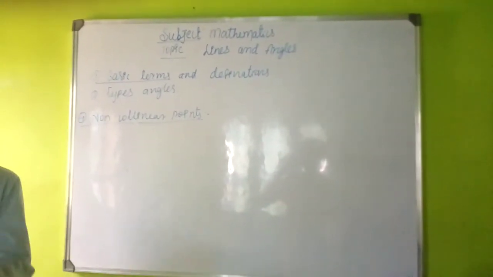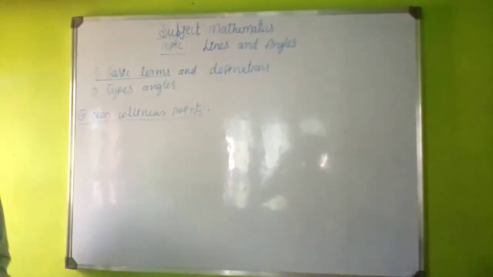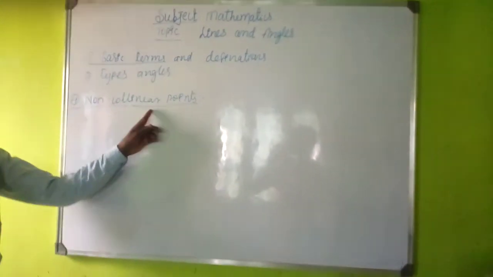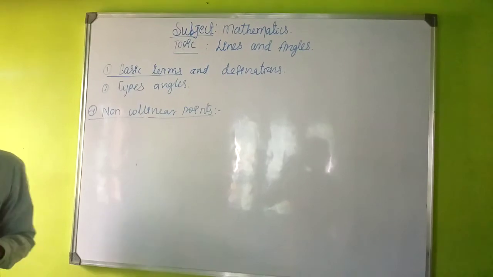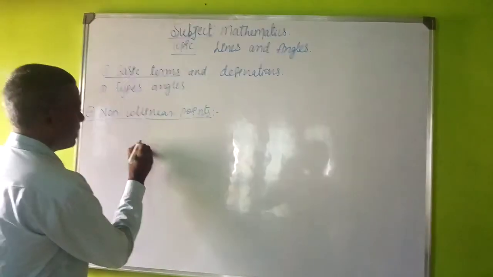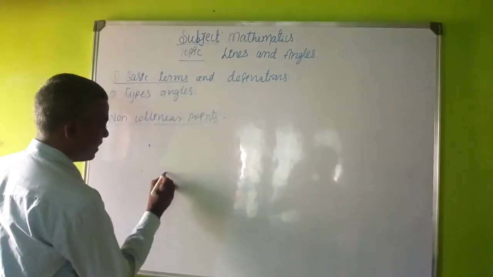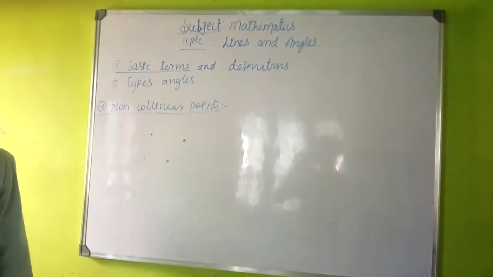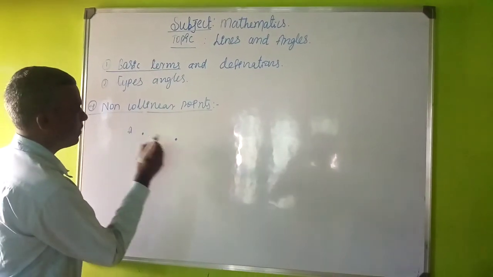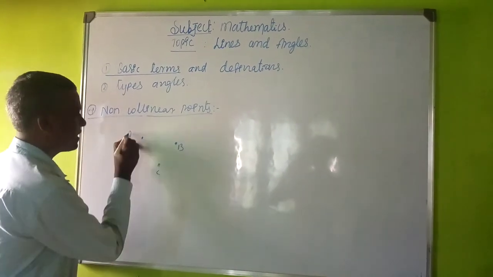Before, you already know collinear points mean the points lying in the same line segment. But non-collinear points means the points which can be lying in different dimensions or different directions in the plane.